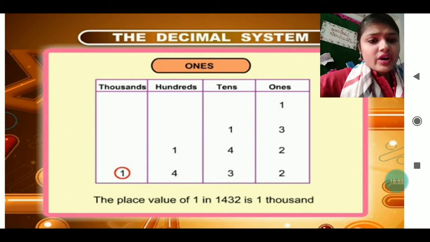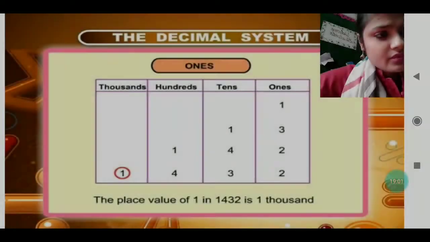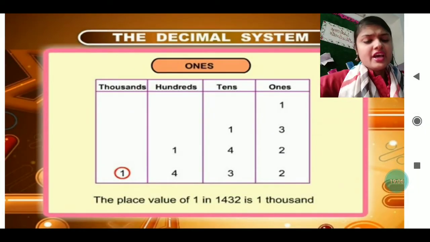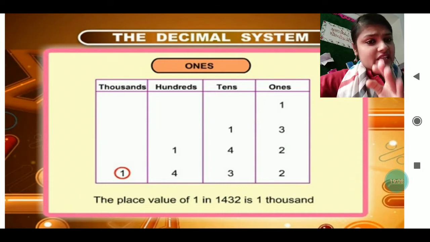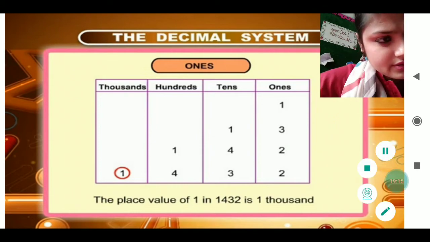The place value of 1 in 1432 is 1000, which we know, which we have done. One's place we are talking about. This time we are going from the thousands place to the ones place. So the ones which is written at the thousands place, the value is the same, that is 1000 only.